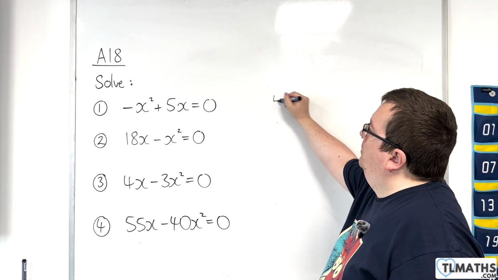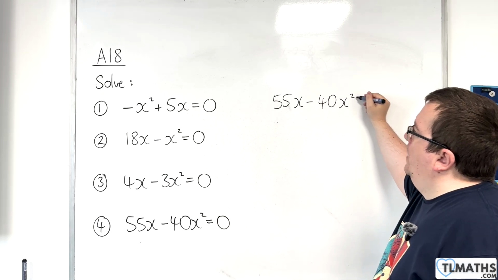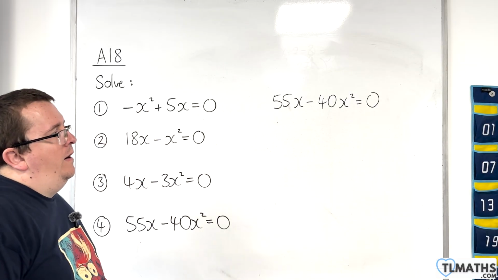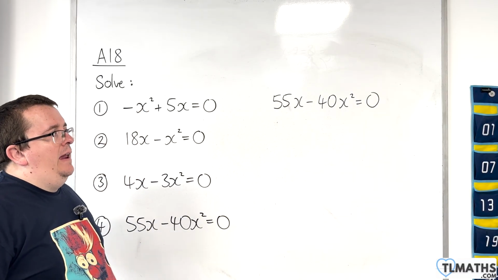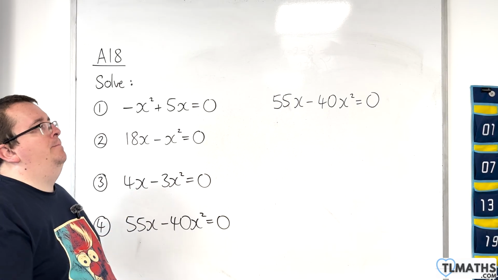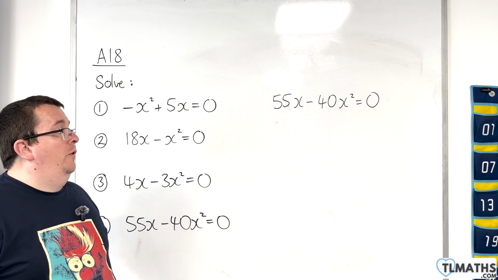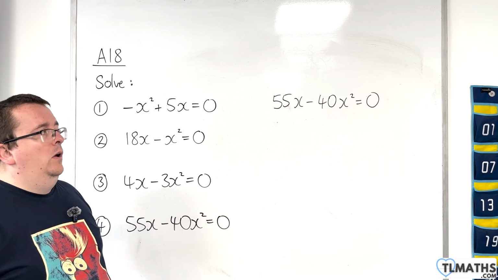So number 4, 55x take away 40x squared is equal to 0. Now, I think factorising this as it lies is probably not one thing that I would want you to do if you were confronted with this example.